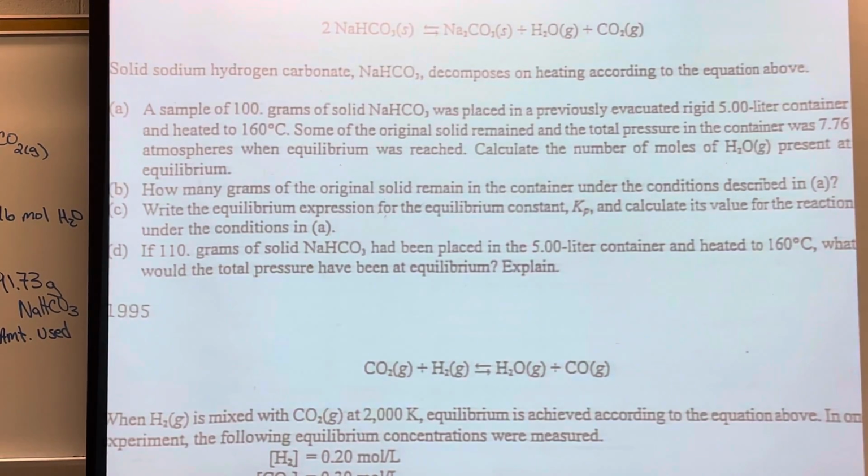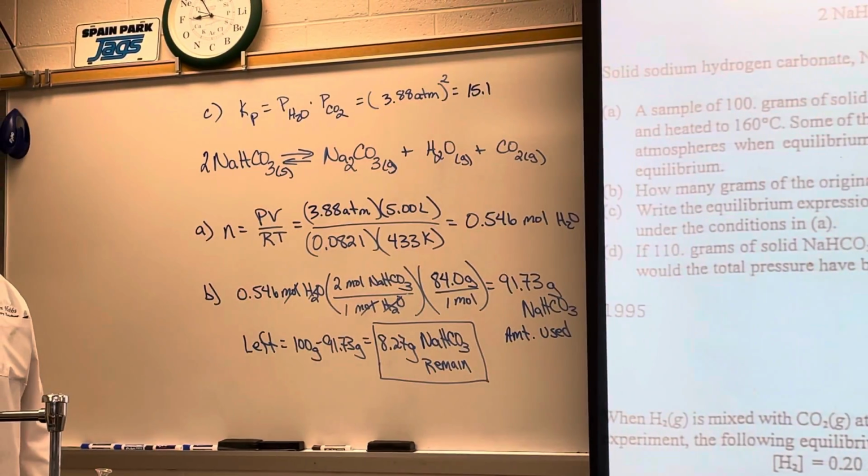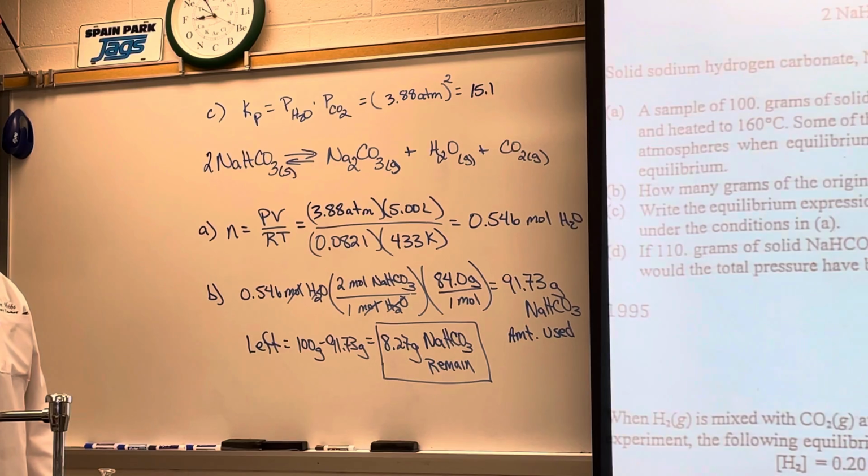Did the temperature change? No. So did the value of K change? So what would happen to the total pressure? It's going to stay the same. Okay? It's going to stay the same.